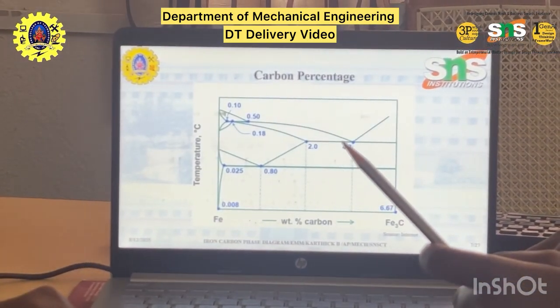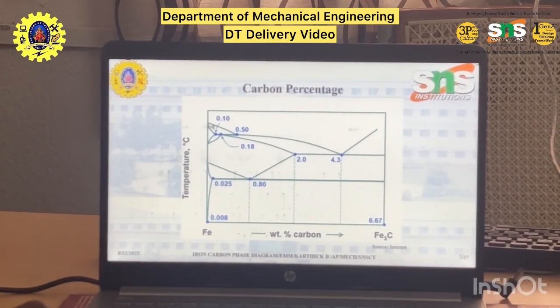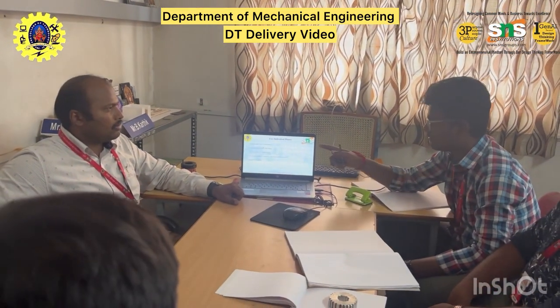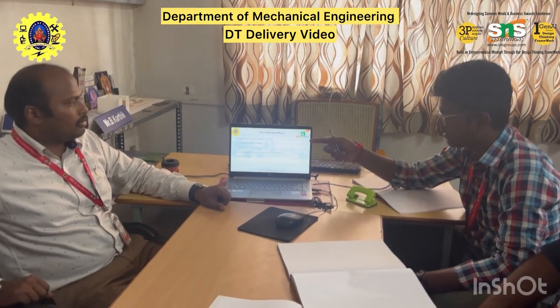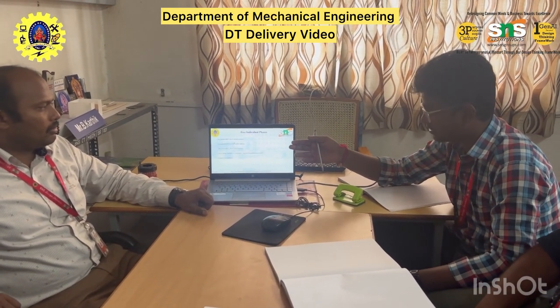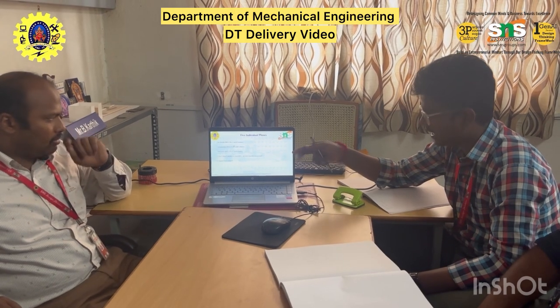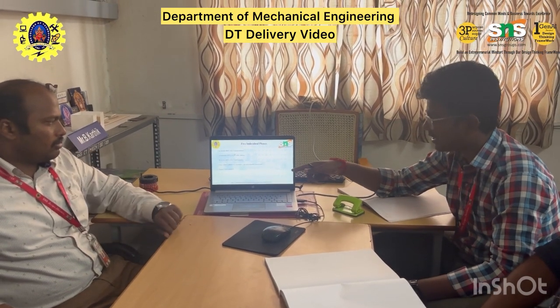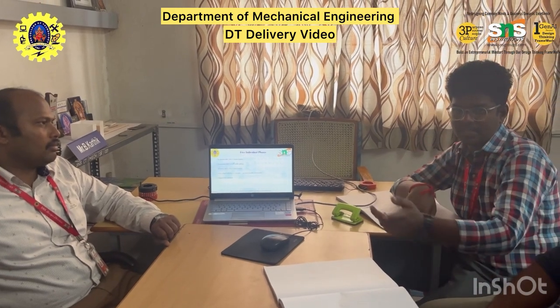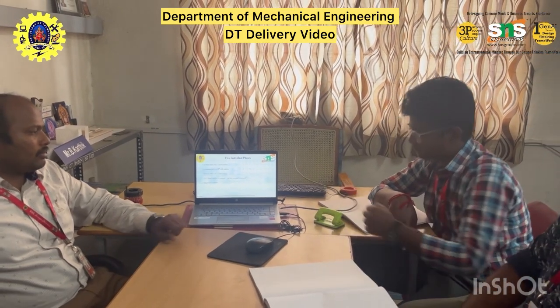The major 5 individual phases are alpha ferrite, which is a solid solution of iron and carbon, then austenite, also an iron carbon solid solution, and at last the liquid iron carbon solution.